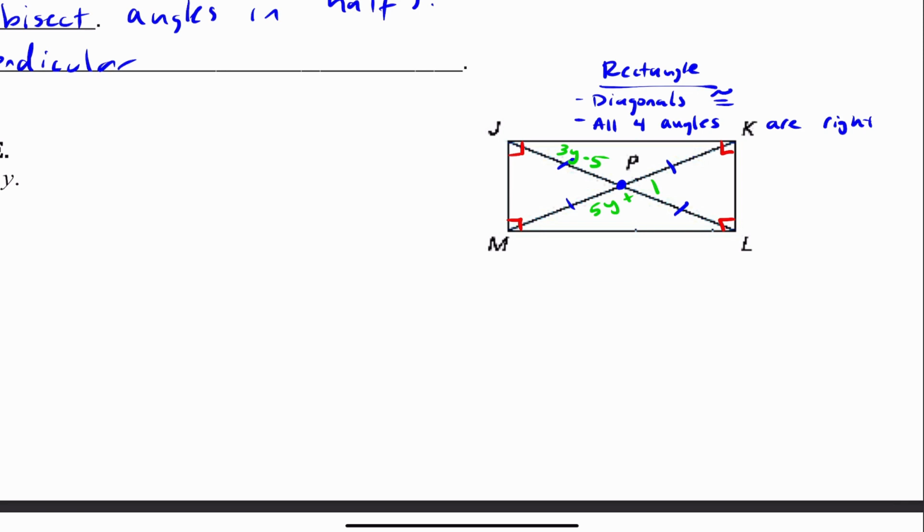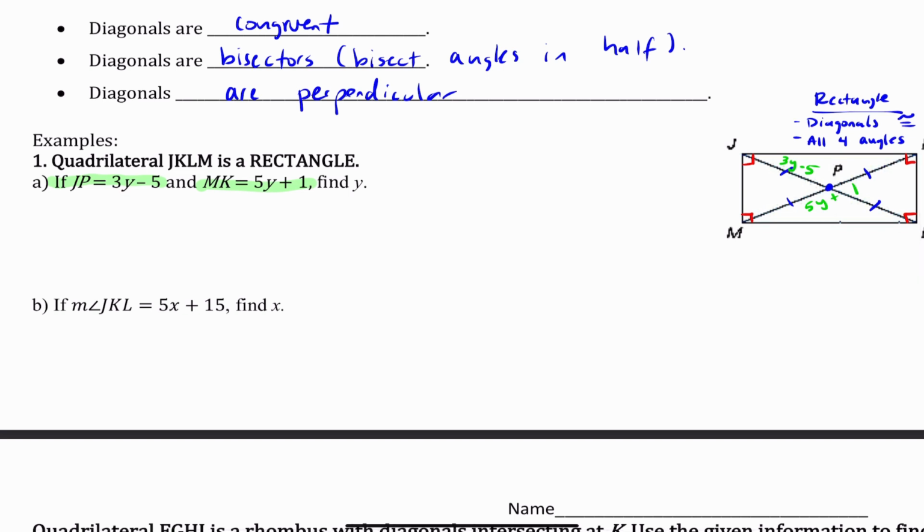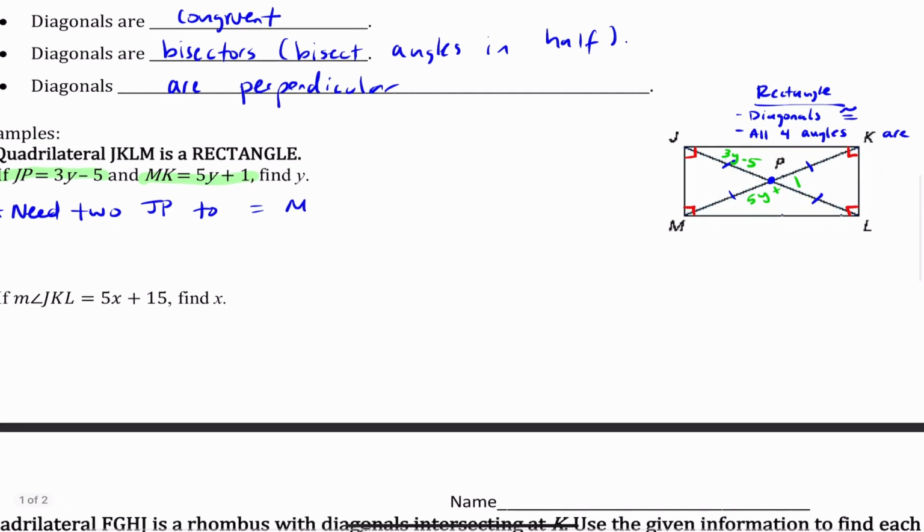So basically, if this segment here is that one tick mark, right? And if I had another 3y minus 5, so basically what I'm trying to say is you need 2 of these to get you this whole diagonal, if that makes sense. So you would have to say you need 2 JPs to equal MK.